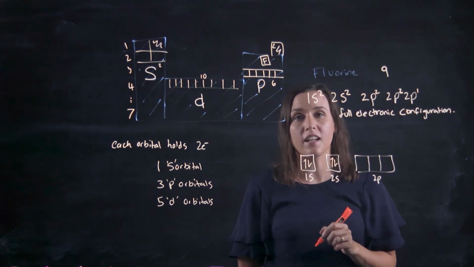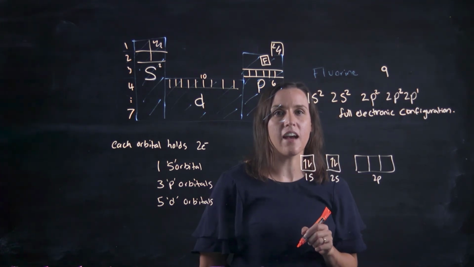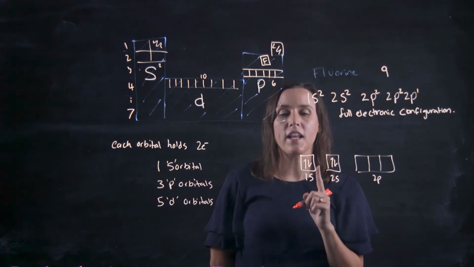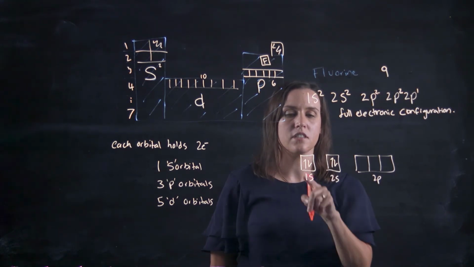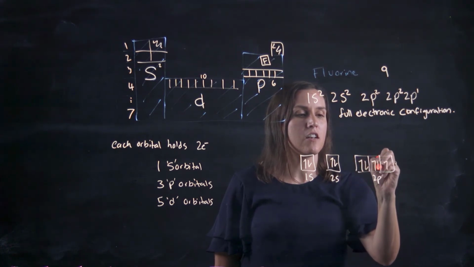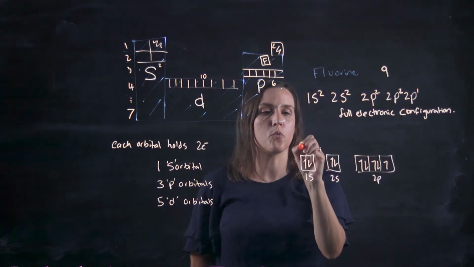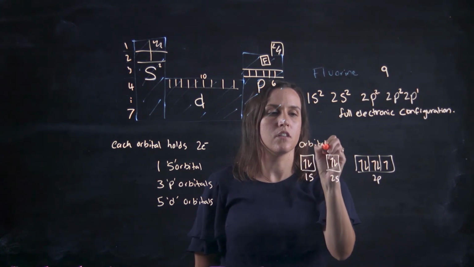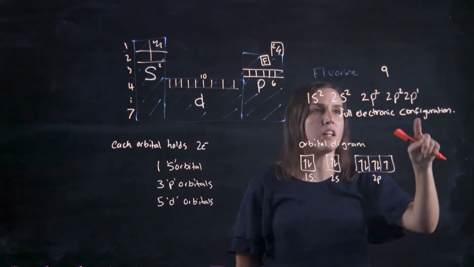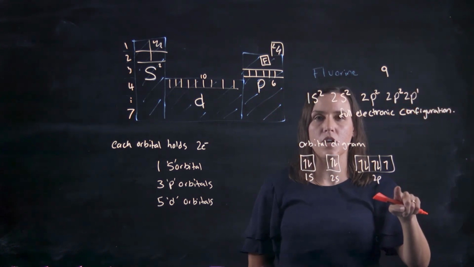Notice I'm doing a 1-headed arrow up and then a 1-headed arrow down. That's indicating opposite spins on those electrons, and a 1-headed arrow represents 1 electron. So we've got 2, 4, 5, 6, 7, 8, 9. So that would be my orbital diagram.